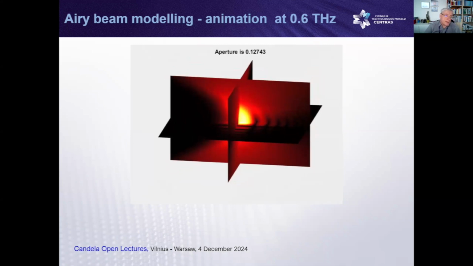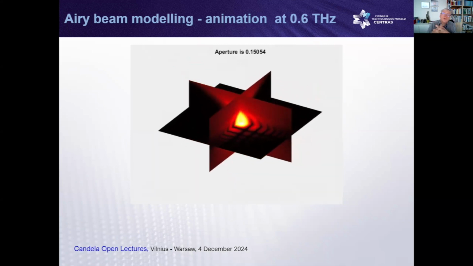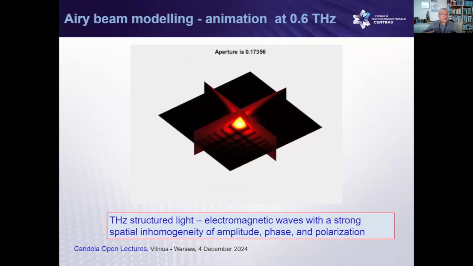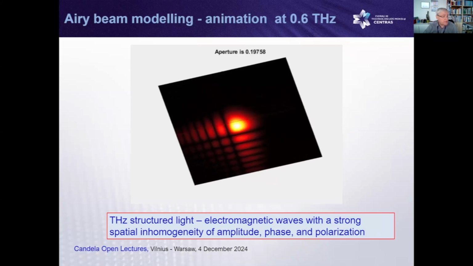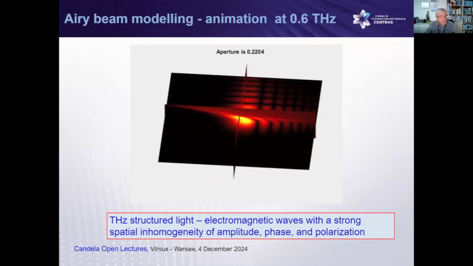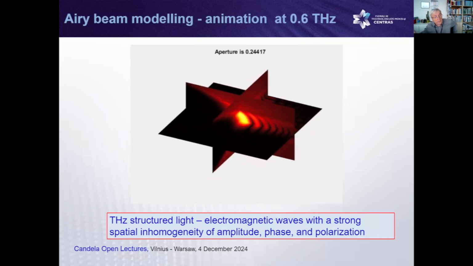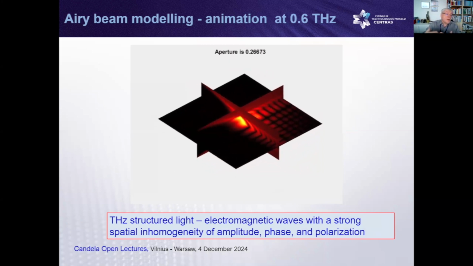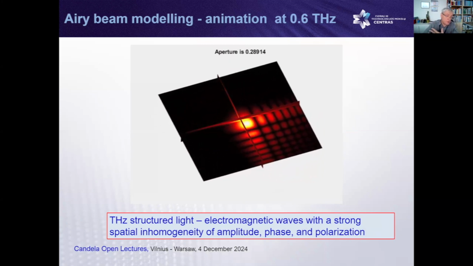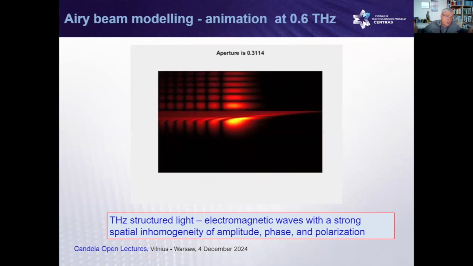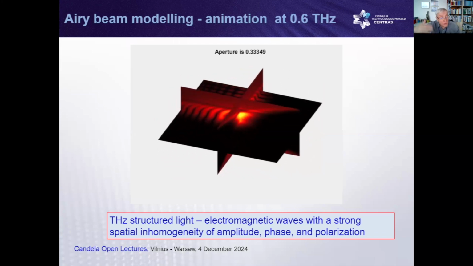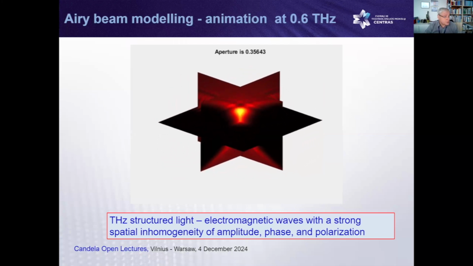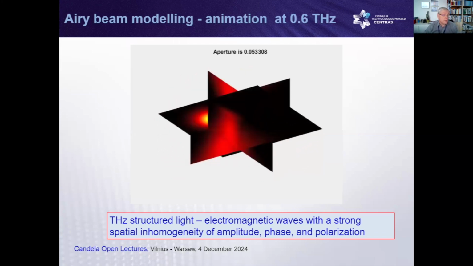It's modeling of an Airy beam. We'll try to use it as an example of structured light. Structured light is an electromagnetic wave spatially inhomogeneous in amplitude, phase, and polarization. You see how it looks? Our idea is to produce it in terahertz and to see how it can be useful for imaging.